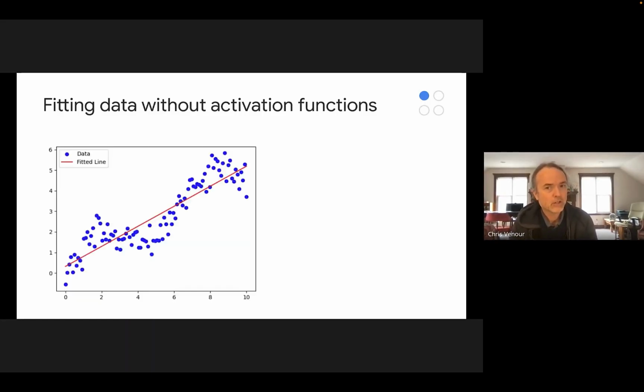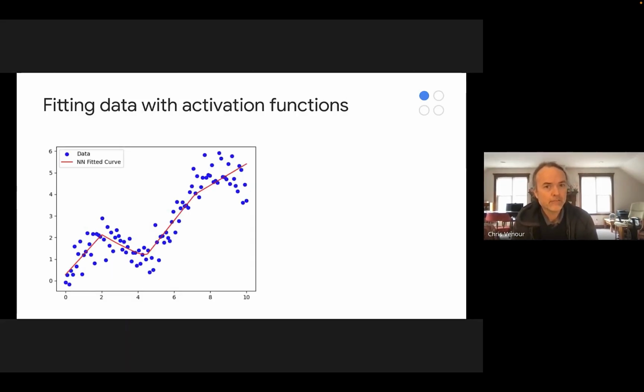Without activation functions, you actually can only fit a straight line to the data. But if nodes use activation functions, the network can fit more complex nonlinear curves to the data. So basically, an activation function is used to introduce nonlinearity into the network so that the network can learn more complex patterns in the data.